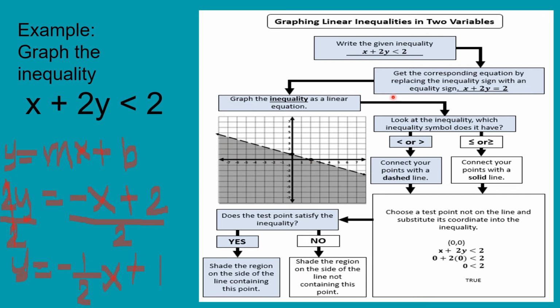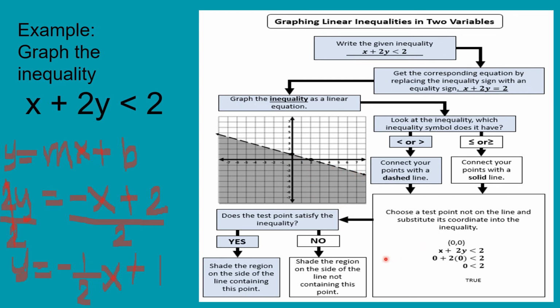And then, since ang ating original inequality ay gumamit ng less than symbol, ibig sabihin, we will connect the 2 points with a dashed line. Kaya po nakikita nyo dito ay putol-putol na linya, or yung tinatawag natin na dashed line.